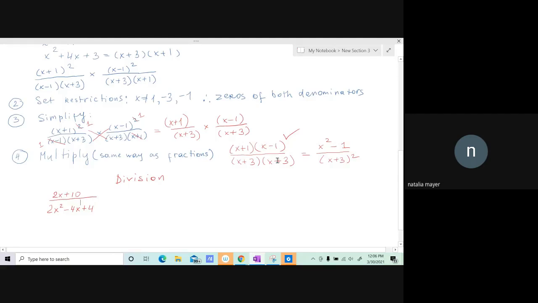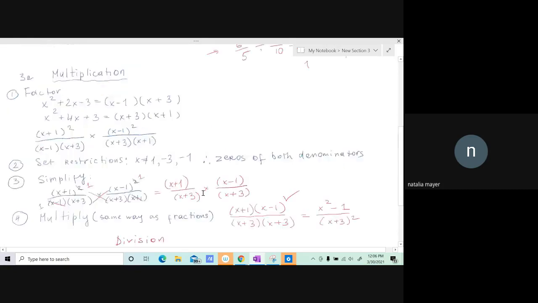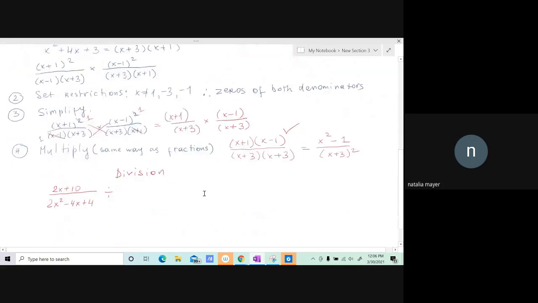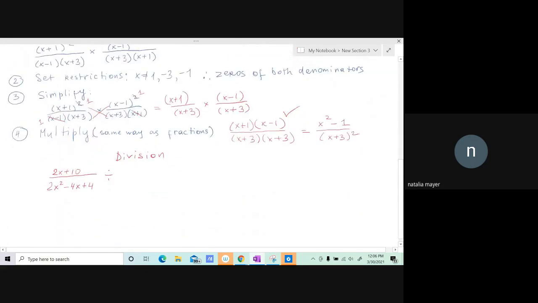Okay, so divided by x squared minus 25 over x minus 2. What's the first step?